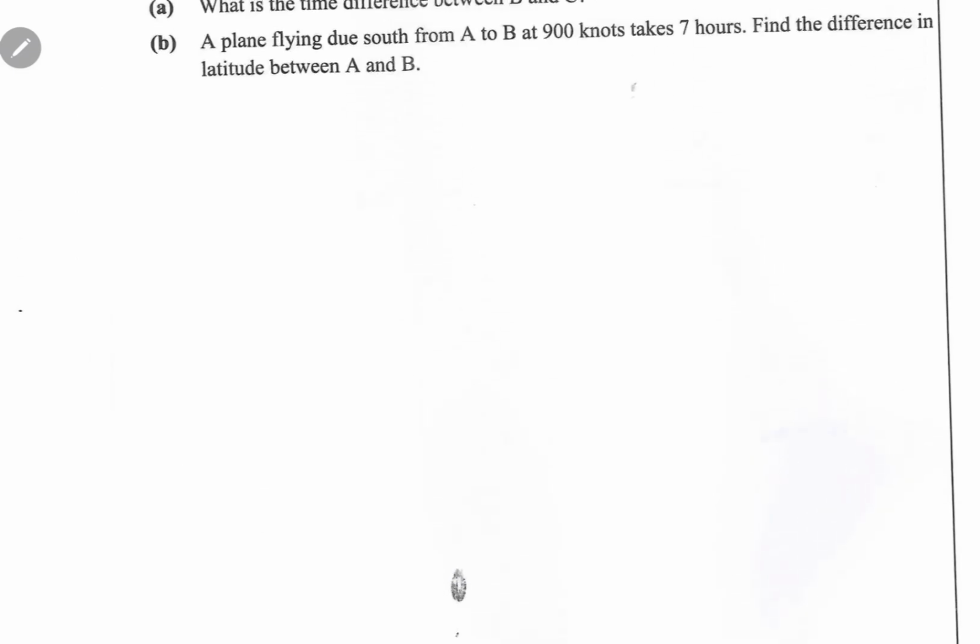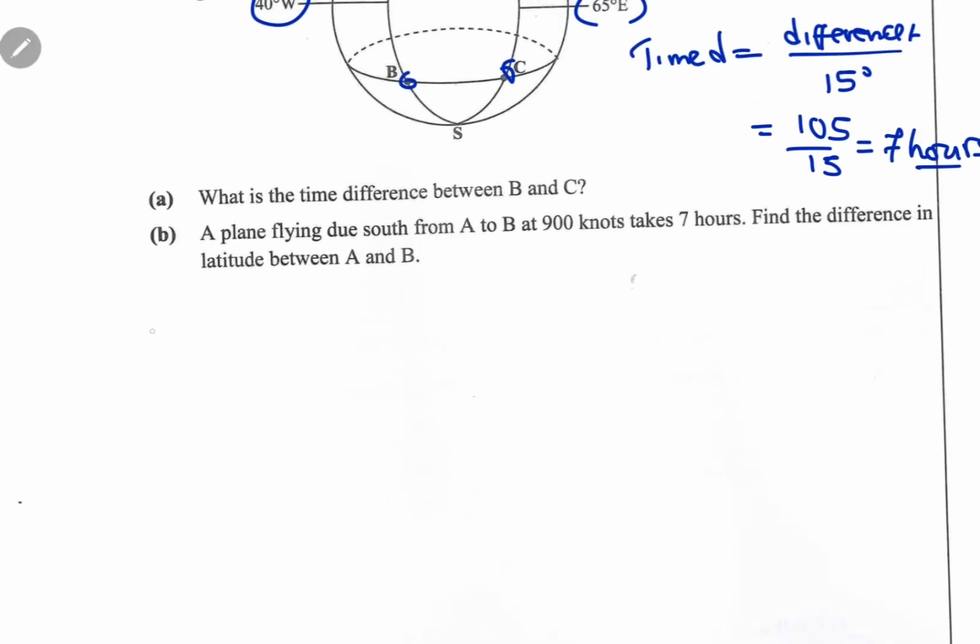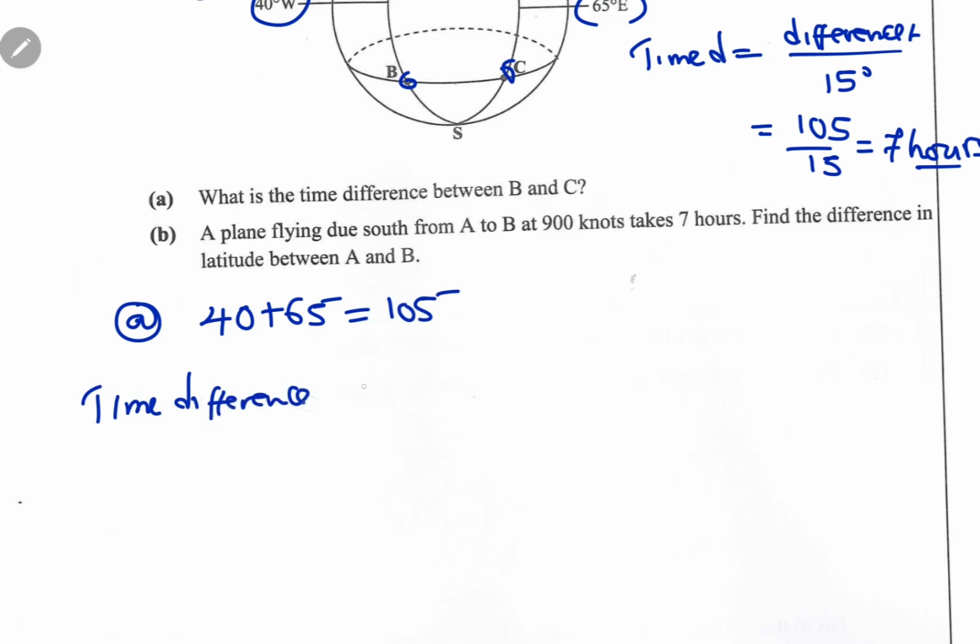By the way, we should have used the space that is here. So that is question A. We have 40 plus 65, which is equal to 105. Then for the time difference, we say the difference in longitude, which is theta, over 15 degrees.